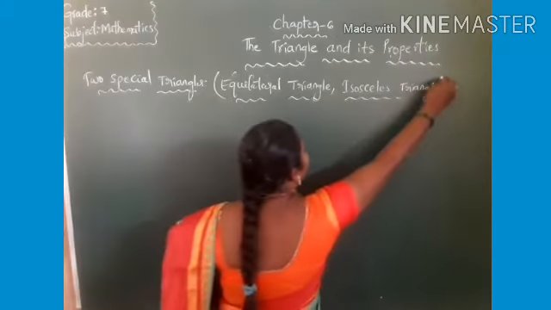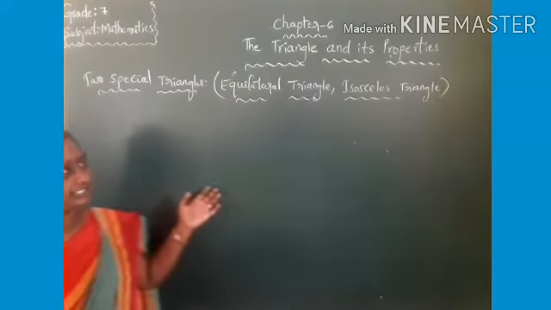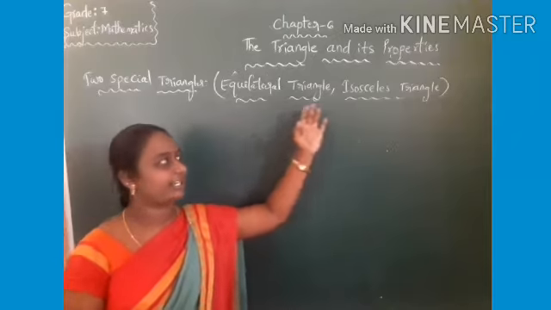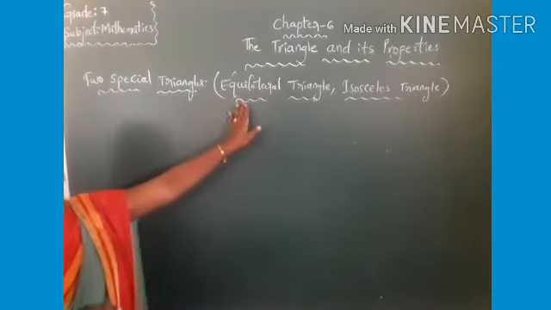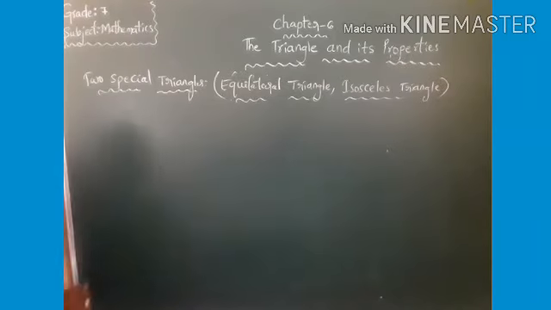So here are two special triangles: the equilateral triangle and the isosceles triangle. We will learn one by one with explanation.